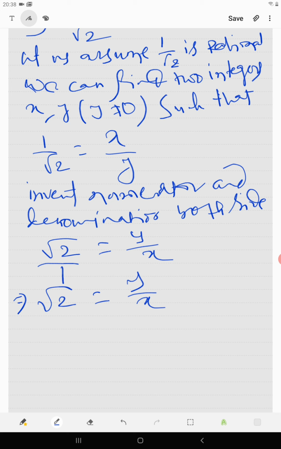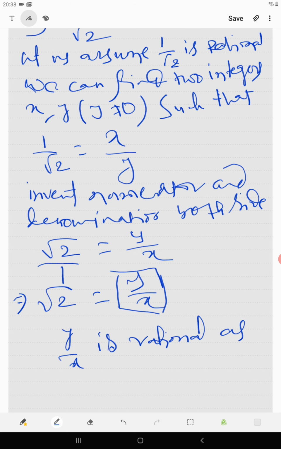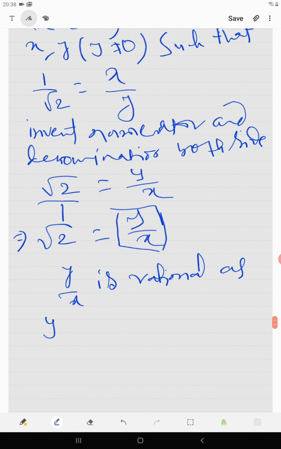Now you can see over here that root 2 becomes y by x. Now y by x is a rational number. Correct? As y and x are integers, y by x is rational.